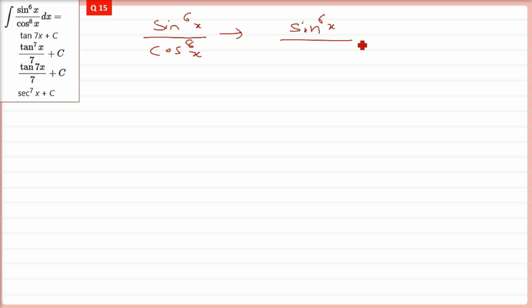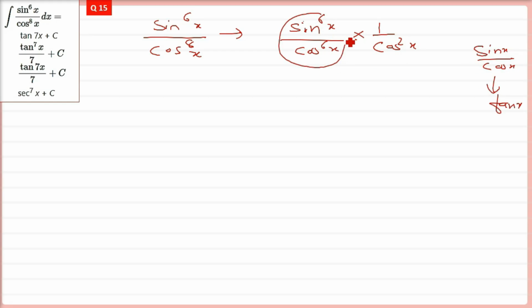So this is sine raised 6x divided by cos raised 6x, and we still have to multiply it with 1 by cos square x. This whole sine by cos is tan x, so sine by cos raised 6 becomes tan x raised 6. This 1 by cos square x can be written as sec square x.